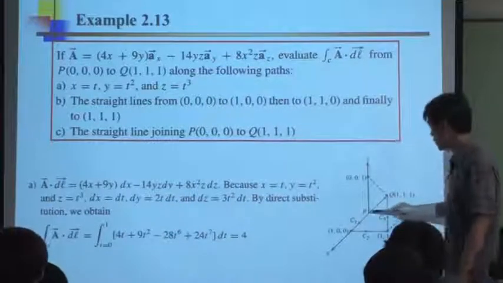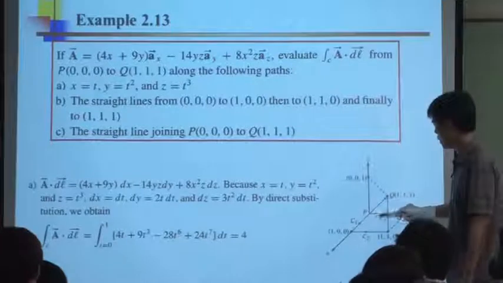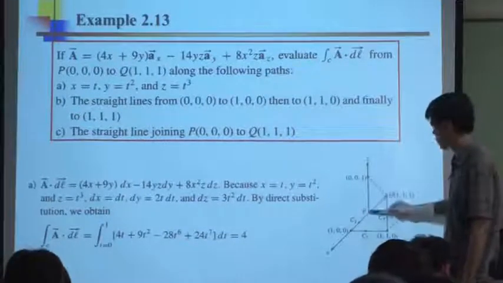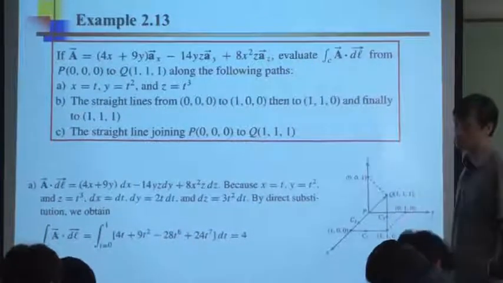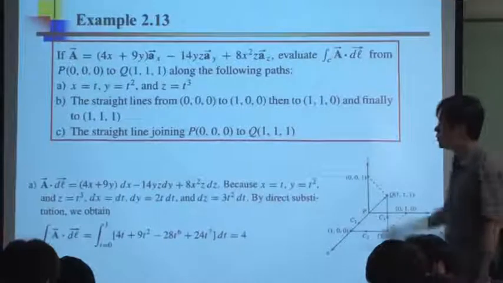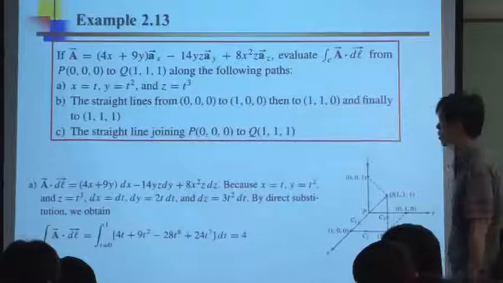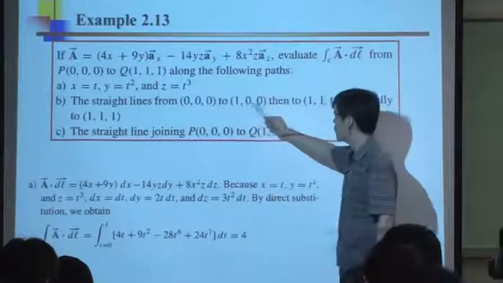That path is going to be some curved line, like this. Or the straight line from 0, 0, 0 to 1, 0, 0.